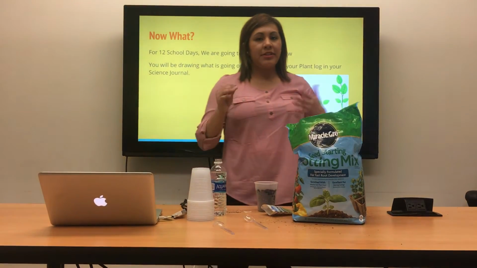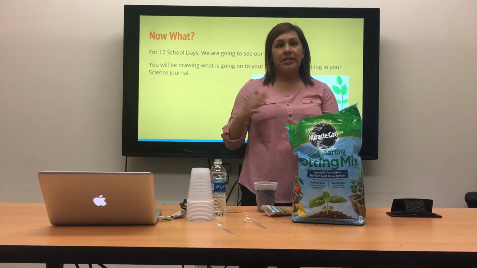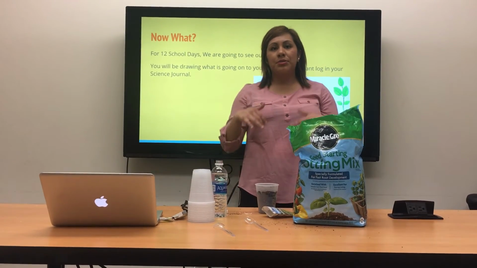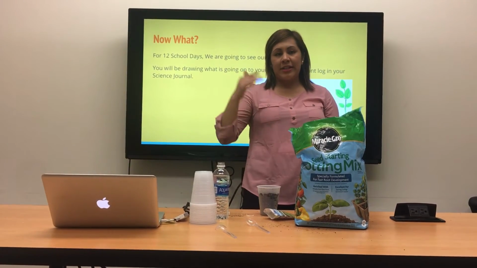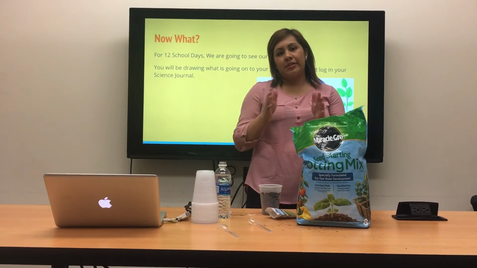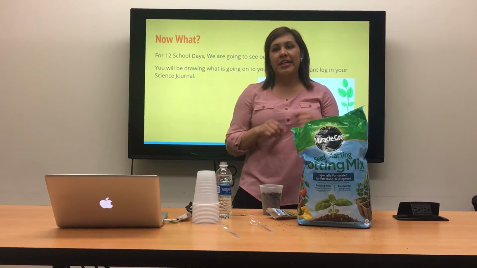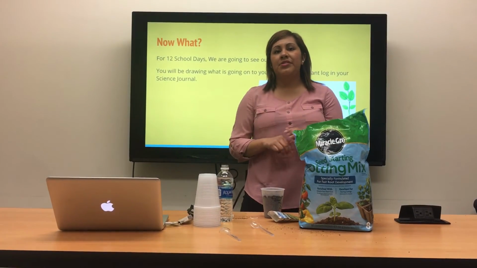Okay, so now that we're done, now what? We're going to be checking our plants every day for 12 school days. So that's 2 weeks in school and we're going to see it grow. Miss Davis is passing out a plant log which you're going to glue into your journals, and every day you're going to keep checking on your plant and you're going to draw what you see.